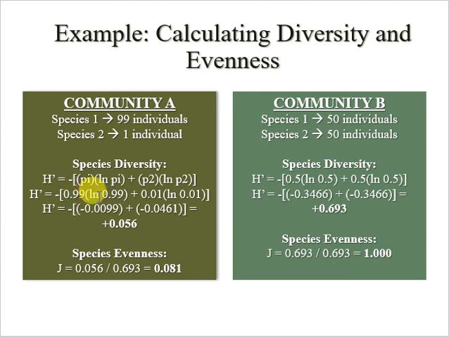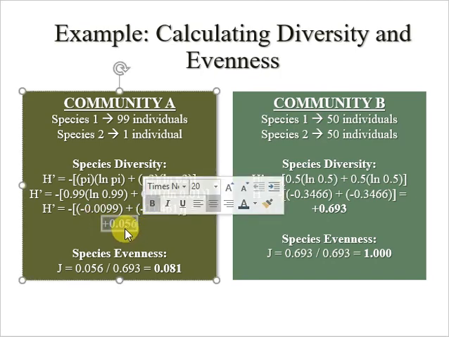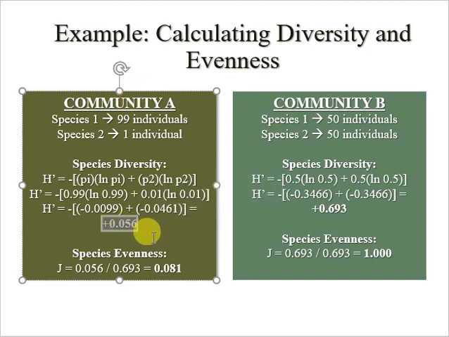So here's for species 1, this is for species 2. When you calculate that out, you get an H prime value of positive 0.056. So this is the species diversity measure for community A.